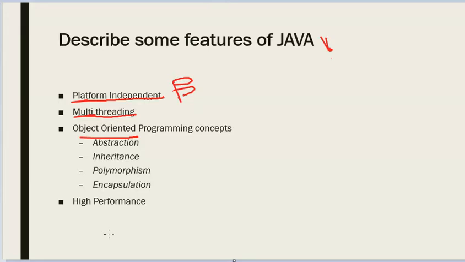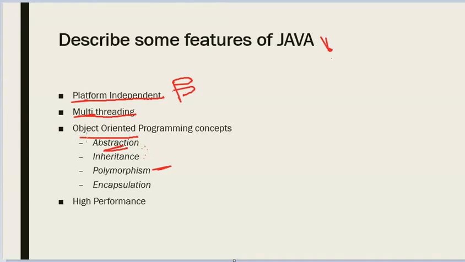So what are the basic object-oriented concepts that Java programming is built on? It's abstraction, inheritance, polymorphism, and encapsulation. So what is abstraction? Well, abstraction is a concept in which you want to hide the internal details of your implementation.